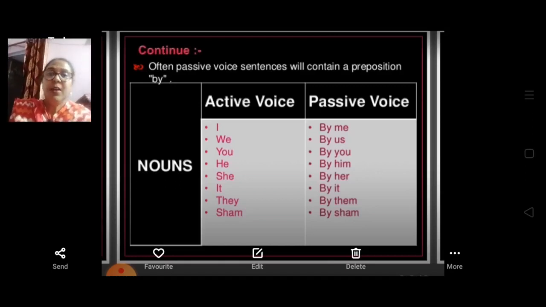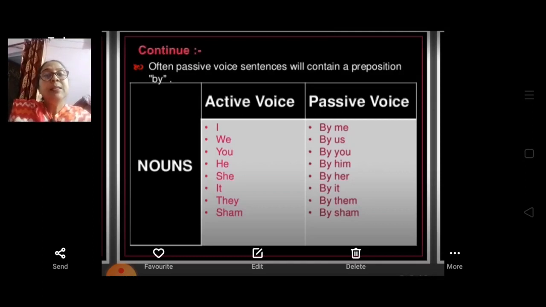Whenever we are going to change active to passive, always remember the past participle and auxiliary verb will be there, and the auxiliary verb will be changed, as we have learned in the tenses, and the nouns to pronouns will be changed. So always remember if it is written I, it will become by me. By will always be there whenever we make active to passive.